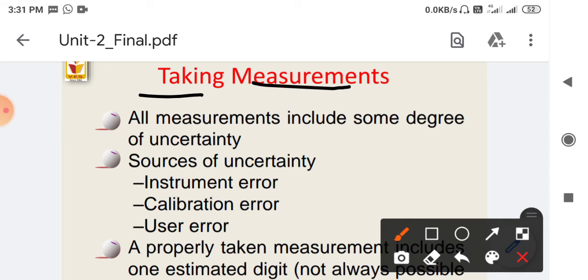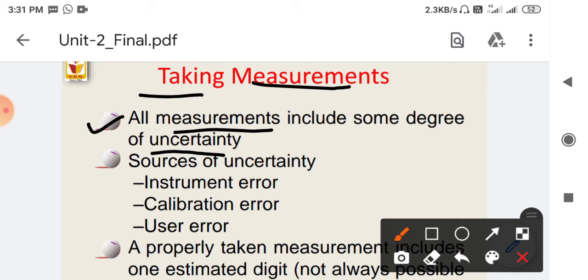For measurement, there is certain uncertainty. Why is it so? Because the measuring device that we are going to use has some inherent or inbuilt error within itself, and we cannot eliminate all the errors.